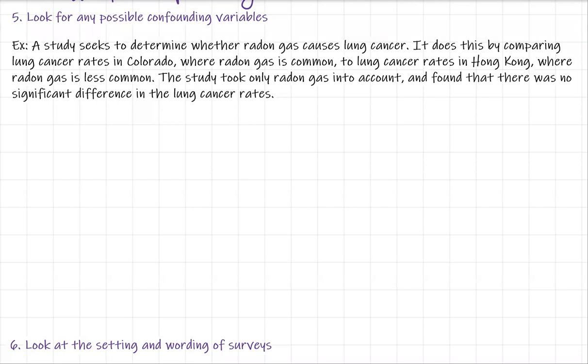The study took only radon gas into account and found that there was no significant difference in the lung cancer rates. All right, so all they analyzed to find the differences in lung cancer rates in Colorado and Hong Kong was the radon gas. Can you think of another activity that people might do that could contribute to an increase or a decrease of lung cancer rates?